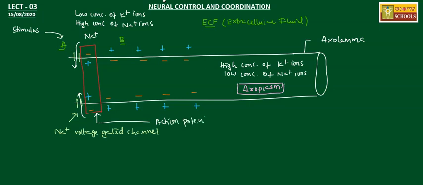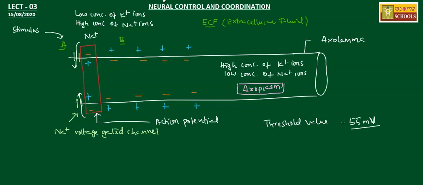This is generated only when the value becomes minus 55 millivolts. So this is the threshold value. Till this threshold value is reached, the axon will not transmit the nerve impulse.